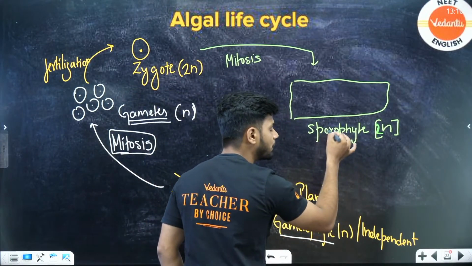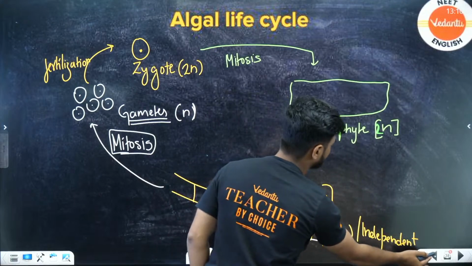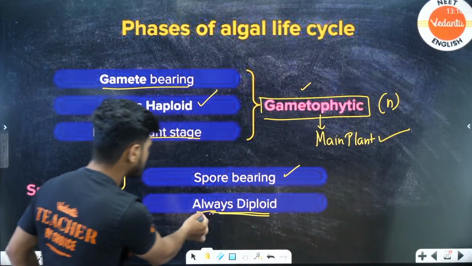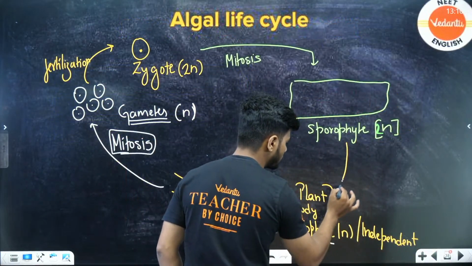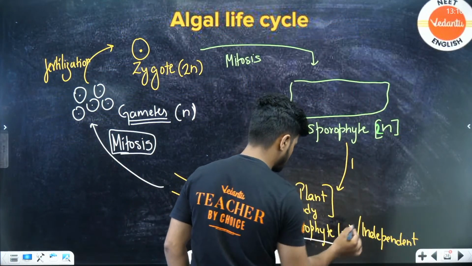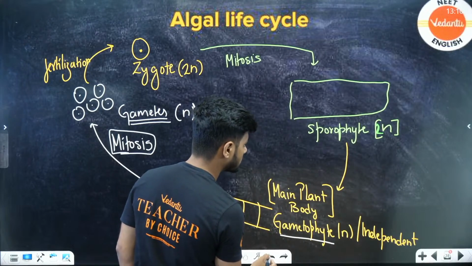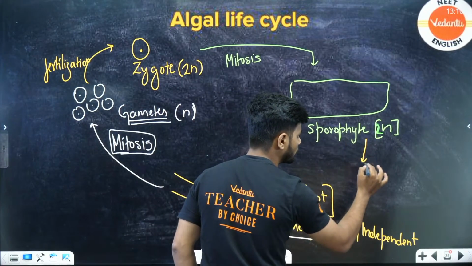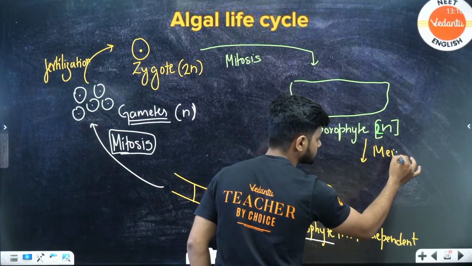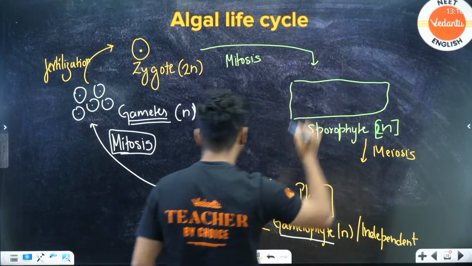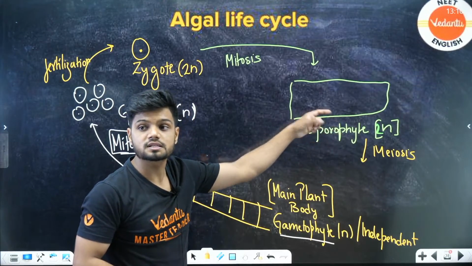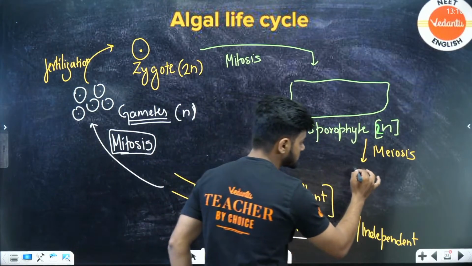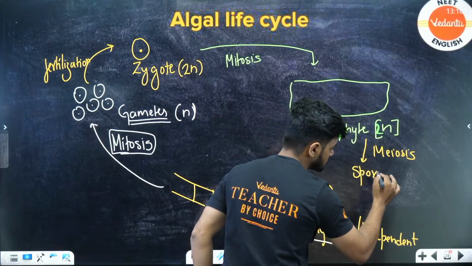Now this particular sporophyte, which is diploid in nature, will undergo meiosis now. And remember, sporophyte produces spores.